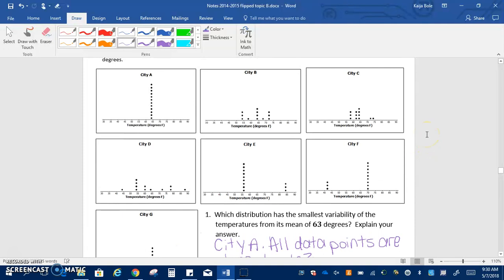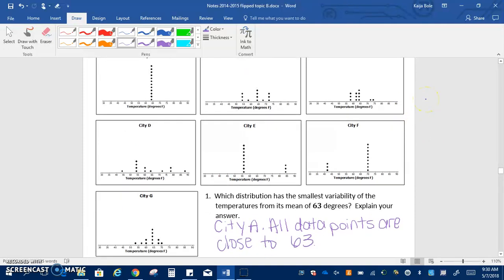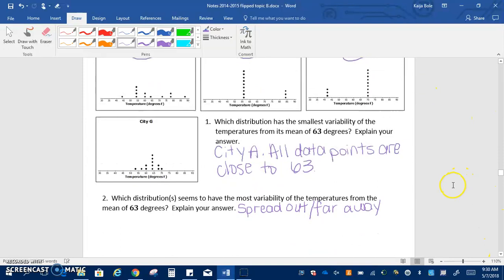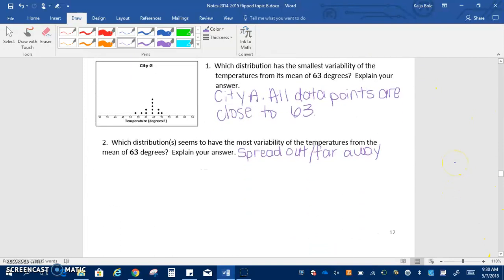So we know city A is not, city B, they're all pretty close together, even in city C. City D, though, we start to get some dots that are further out from the center. City E even, because nothing is quite close to 63. City F, the same thing. But city G, you can see that most of them are close to the mean.